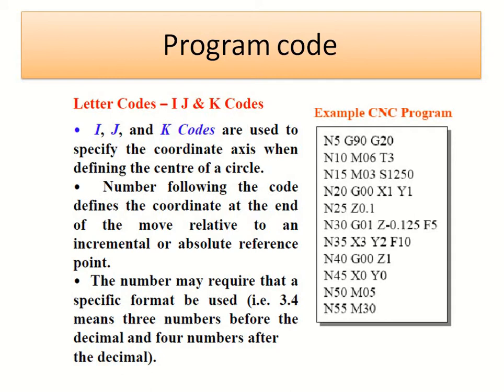The number may require a specific format; for example, 3.0 (sic) means 3 digits and 4 numbers after the decimal.